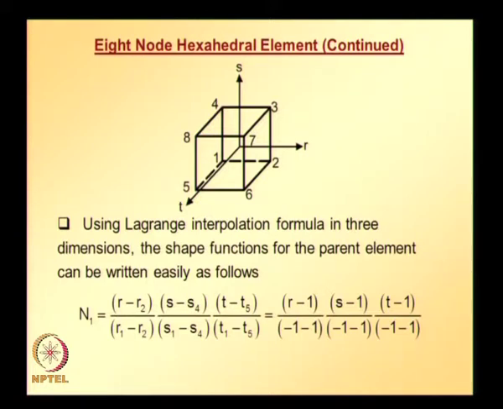N1 is equal to R minus R2, S minus S4, T minus T5, divided by R1 minus R2 times S1 minus S4 times T1 minus T5, and by substituting the nodal coordinates R1, R2, S1, S4, T1, T5, we get the shape function corresponding to node 1 as 1 over 8 times 1 minus R, 1 minus S, 1 minus T. So, it is just an application of the Lagrange interpolation formula in 3 dimensions, and similarly shape functions for other nodes can be written.